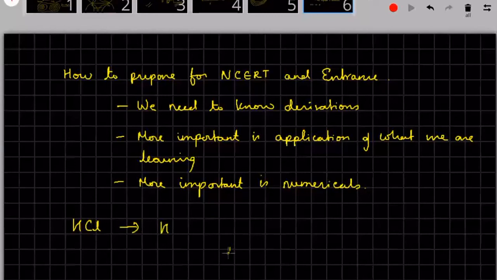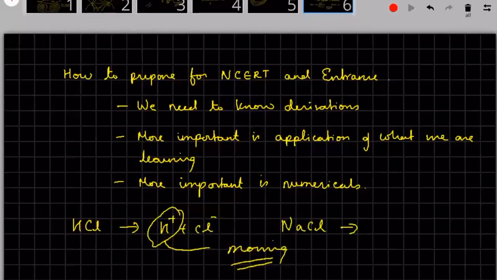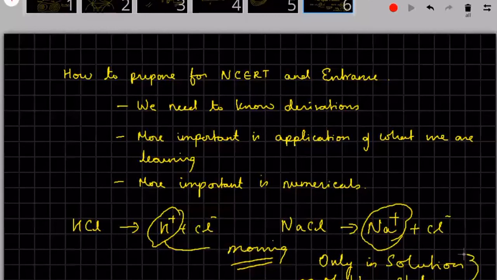But otherwise, you can talk of NaCl also. NaCl will give you Na+ and Cl-. But this will happen only in solution or molten state. So this was not an easy one. This was a slightly tough question. It is a little difficult to think.